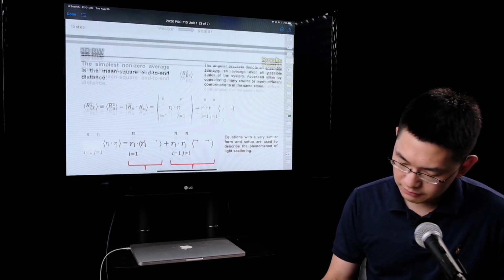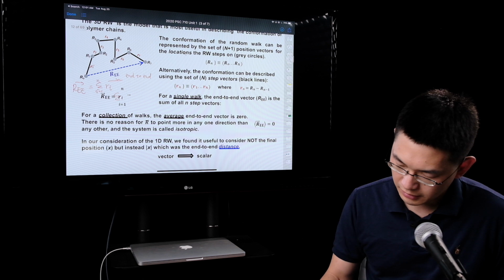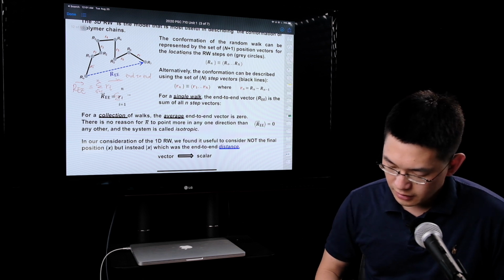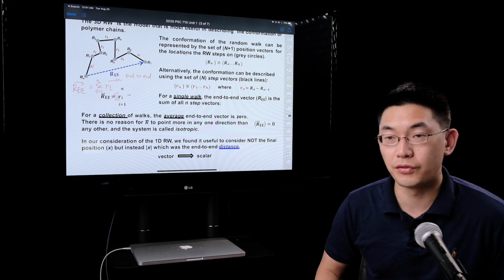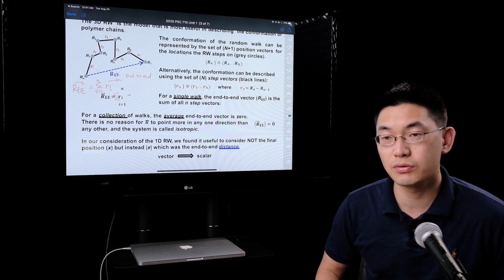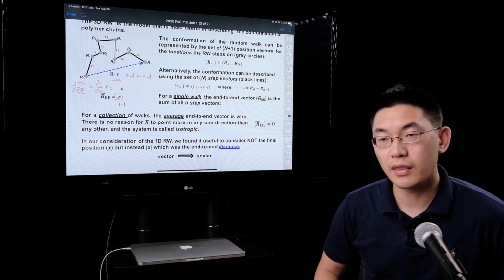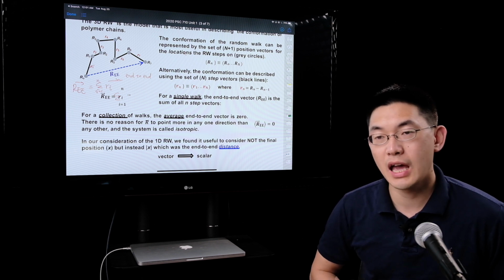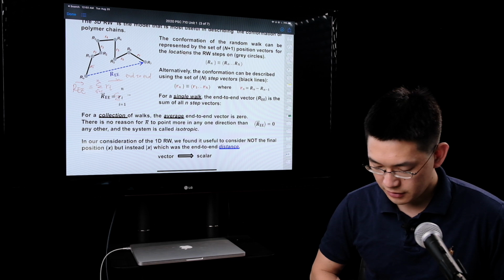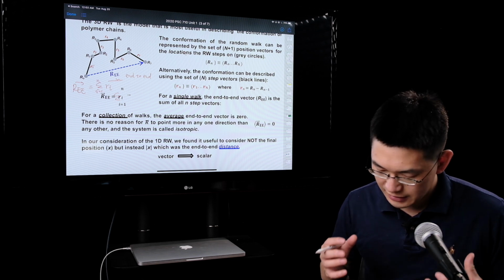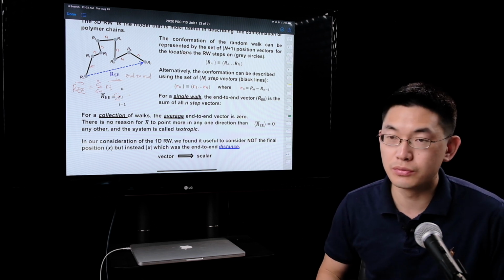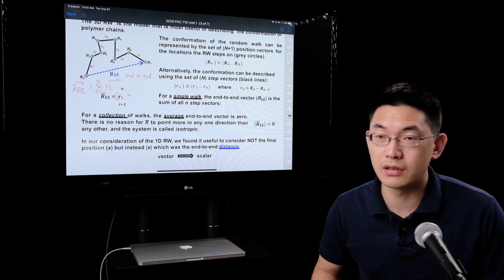Let's go down to where we have talked about here. So in terms of random walk, we have to convert a vector to a scalar. In the mathematical way, absolute value is a mathematical treatment to take a vector to a scalar.